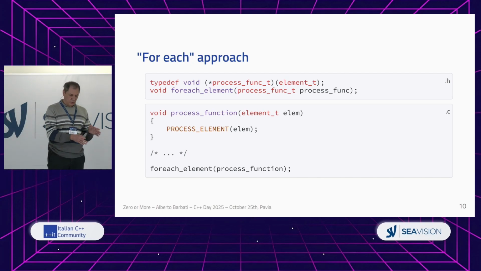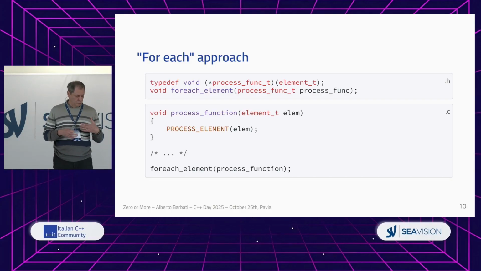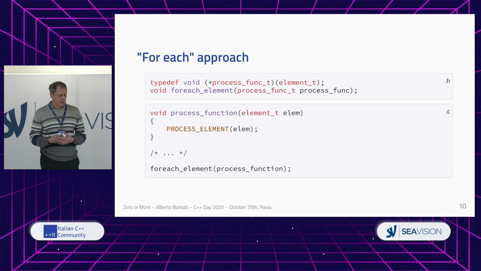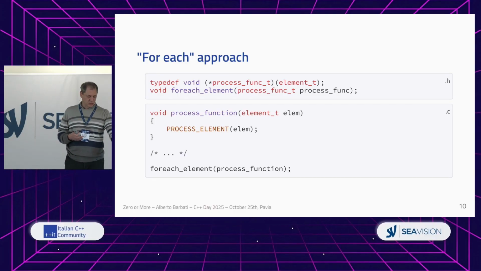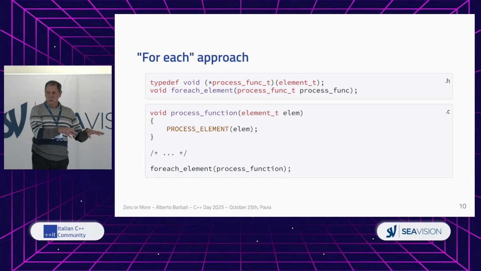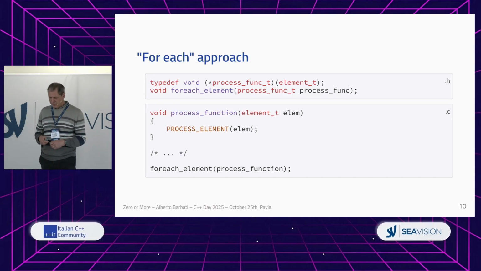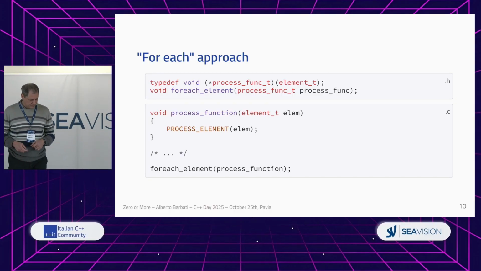You can modify this example to provide an API that allows early break. Typically, you will change the signature of the function to return a Boolean to say to break early. But I won't spoil this because I have a surprise for you at the end about this approach.